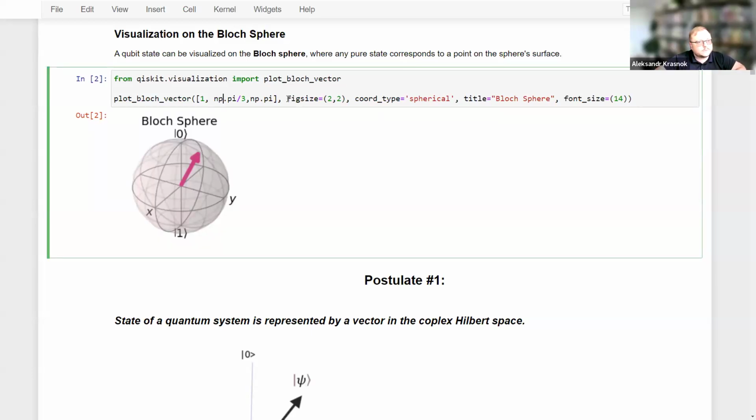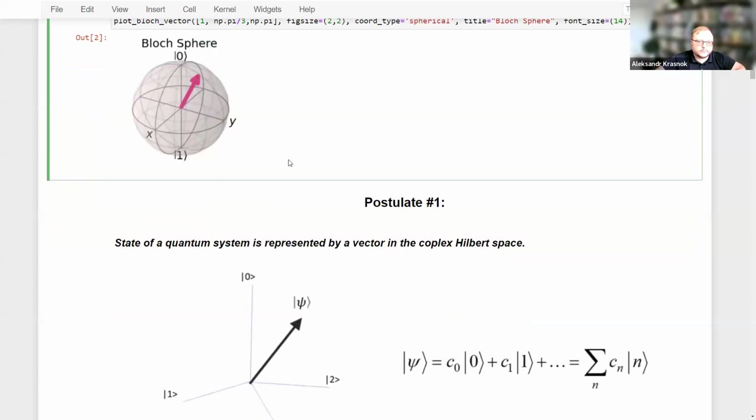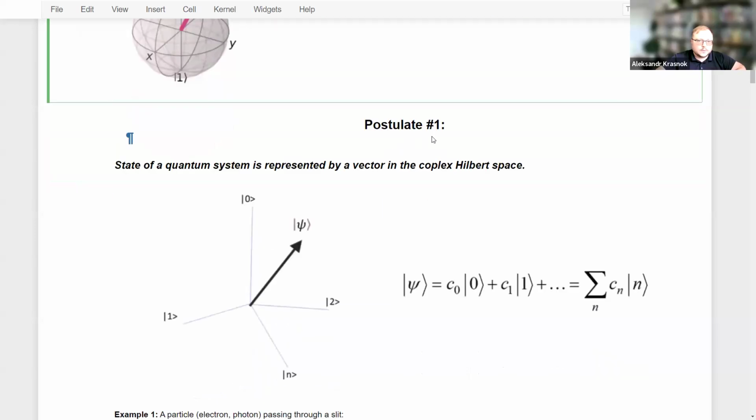This representation works nicely for one qubit, but of course a quantum computer requires thousands and hundreds of thousands of qubits, so one cannot use the Bloch sphere representation. People use something else to represent the quantum state of a bigger quantum system. So this is what we discussed so far.